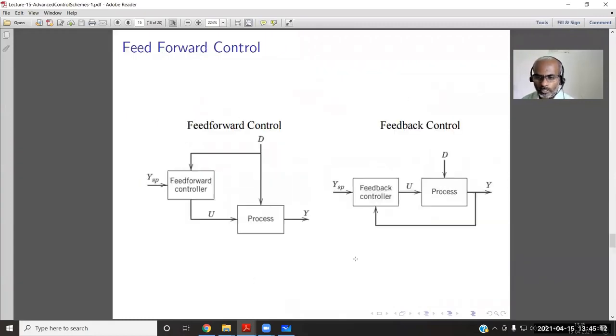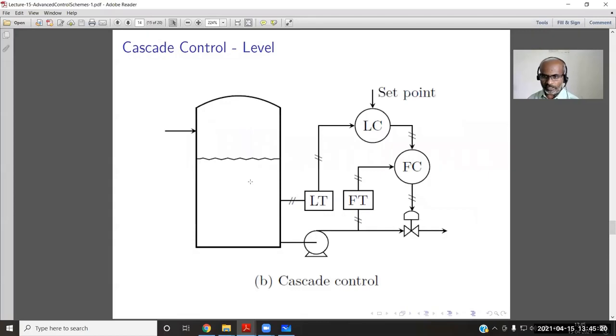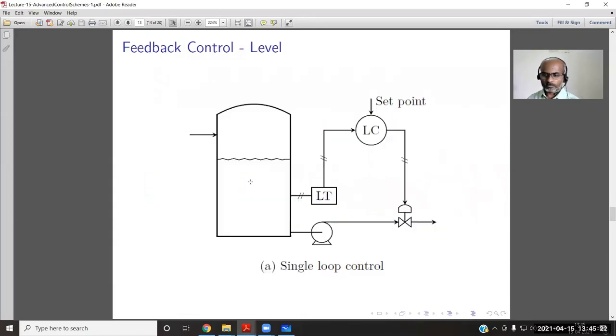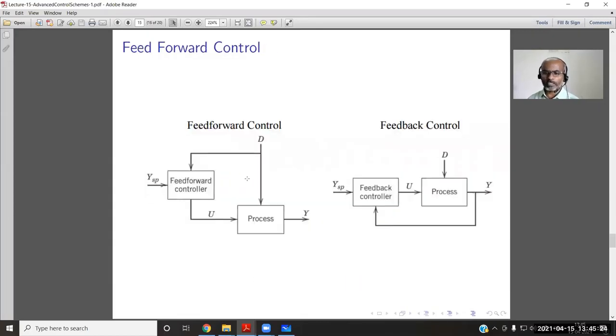Now we are going to another way of control, called feed forward control. So far, everything we have seen is feedback control. Even cascade control is a feedback control. In the case of feed forward control, this is the schematic.